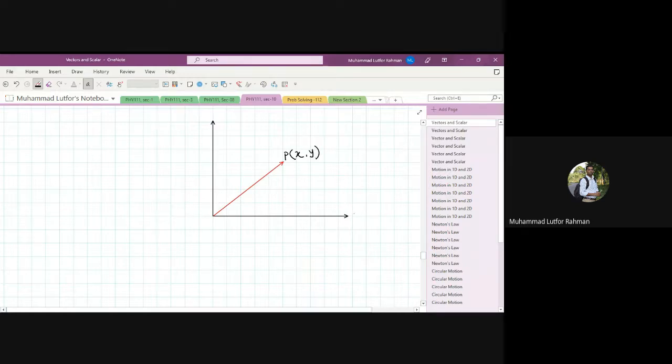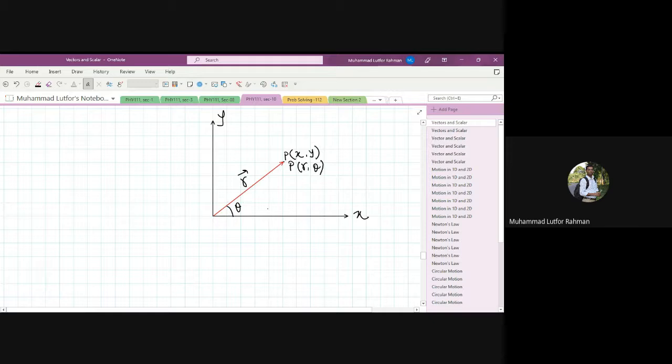So this is your x-axis. This is your y-axis. And if the vector is r and creates an angle theta, then in the polar form this point can be written with r and theta. Right? This thing you already know.